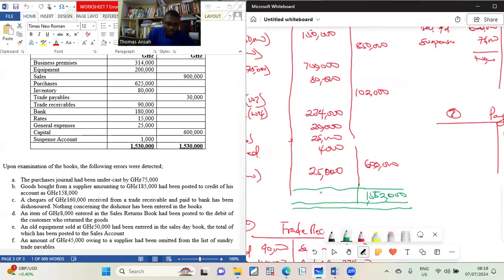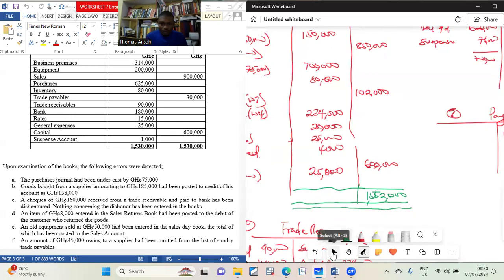So it's left with this side. I start with 25,000 plus 4,000 plus another 25,000 plus 20,000 plus 234,000 plus 80,000 plus 700,000 plus 150,000. Is that all?